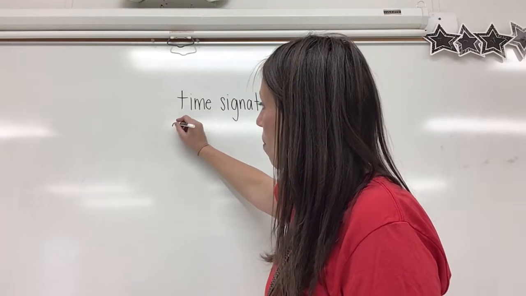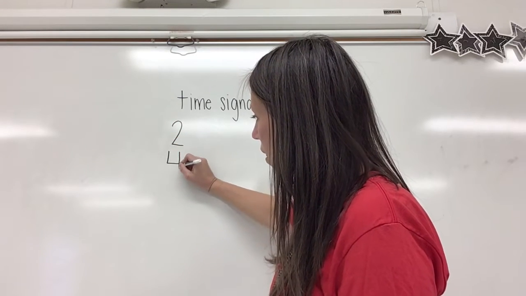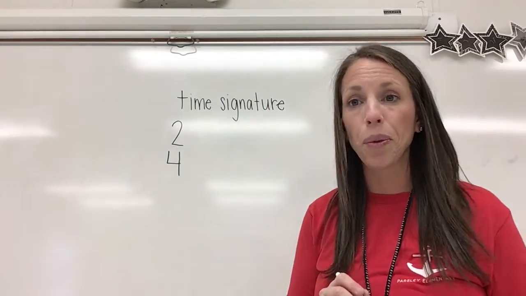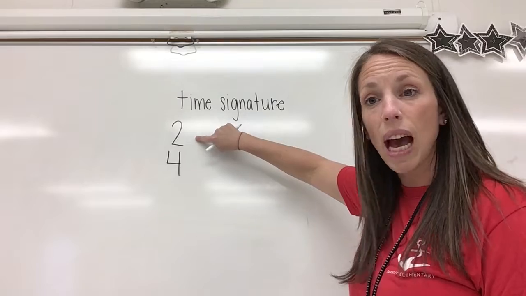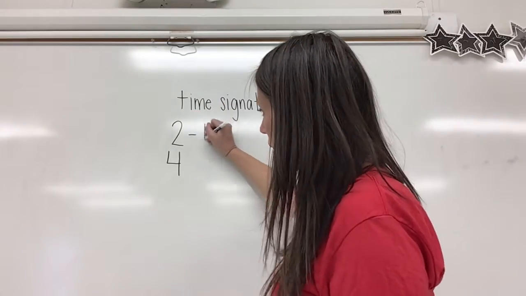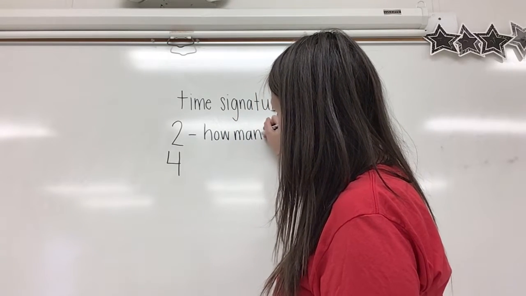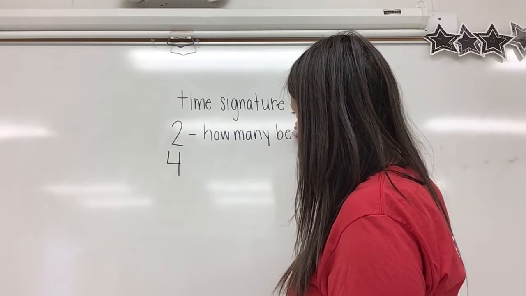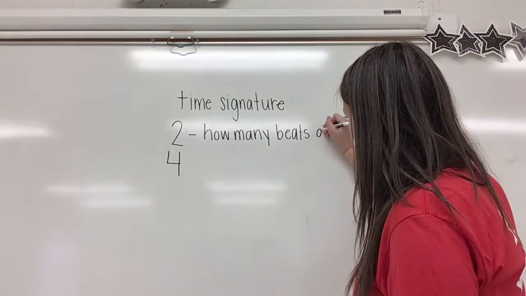So, for example, let's look at the time signature 2-4. The top number tells us how many beats are in a measure.